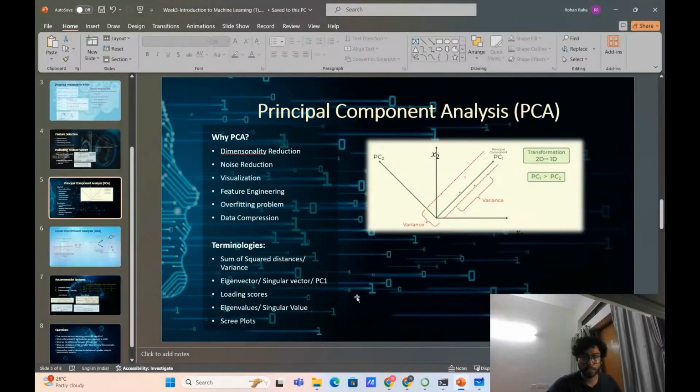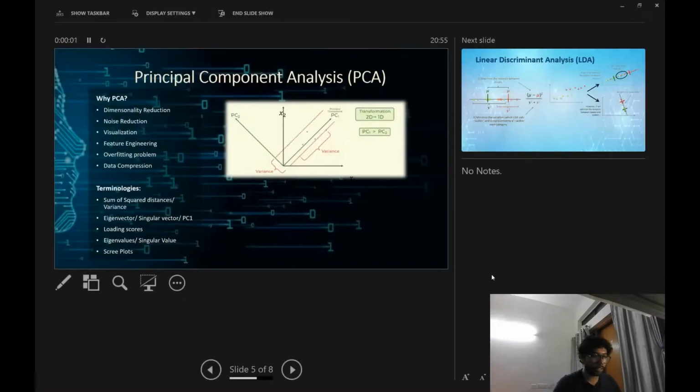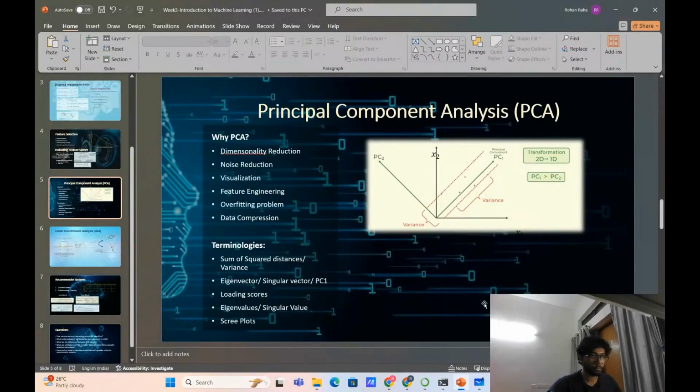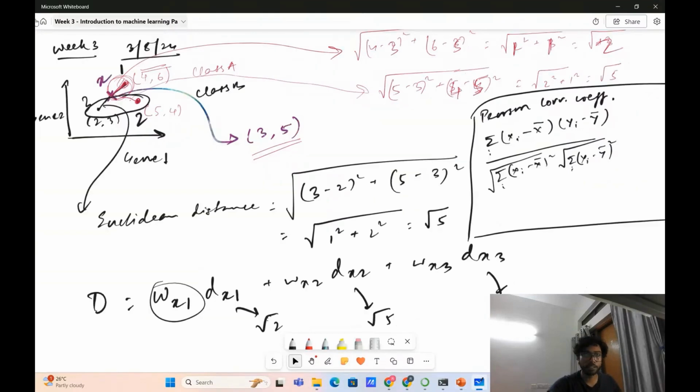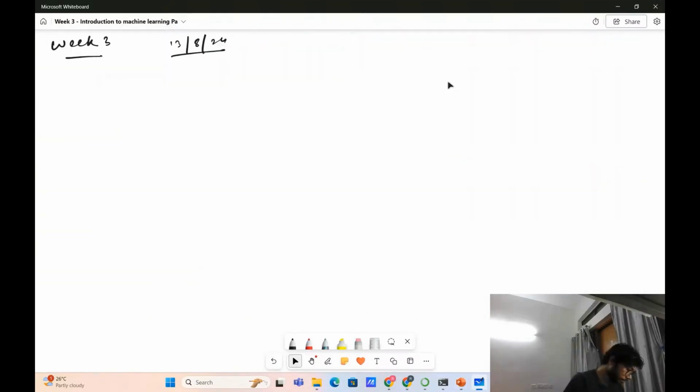Sum of squared distances, variance, eigenvectors. Okay, so I will basically explain what each of the terms means.